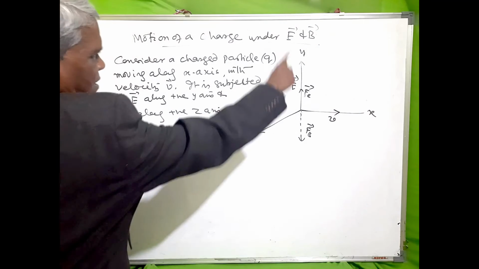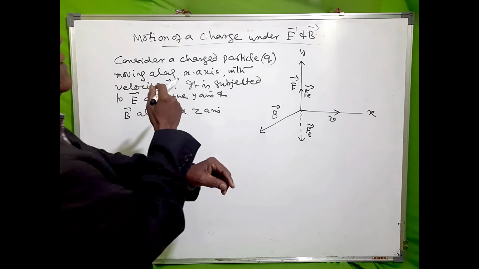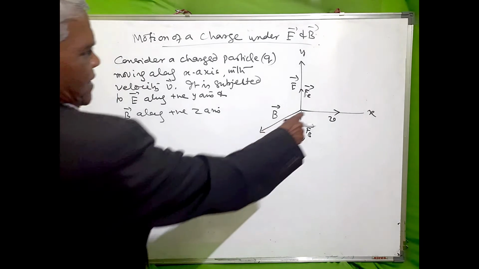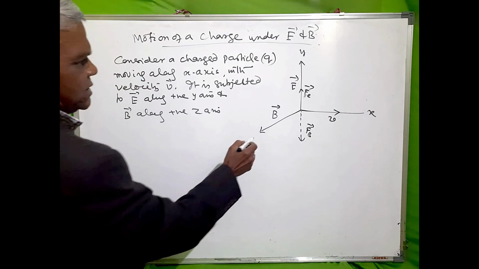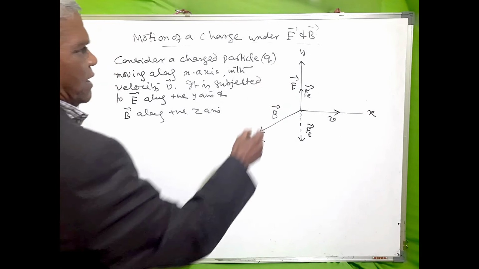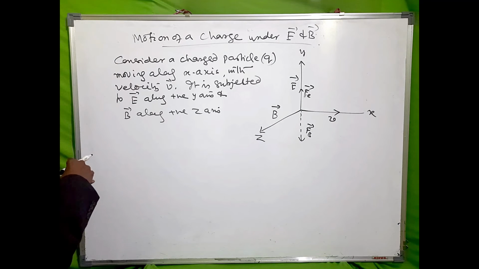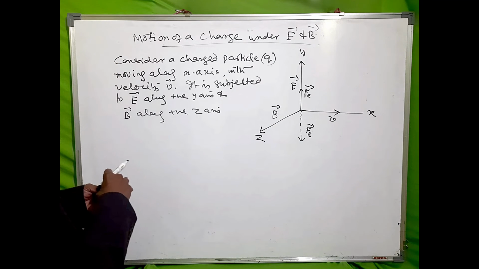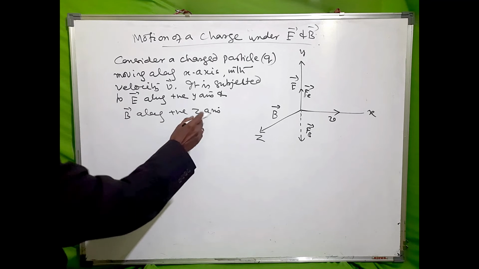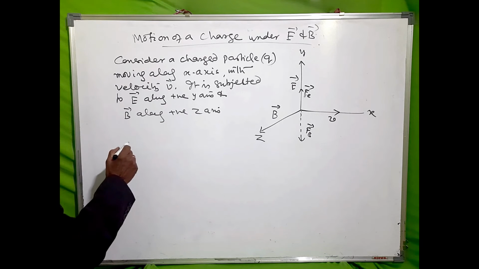Or we can say that the two fields are at a right angle to each other. Magnetic field along the z-axis and electric field along the y-axis. The two fields are at right angle to each other.